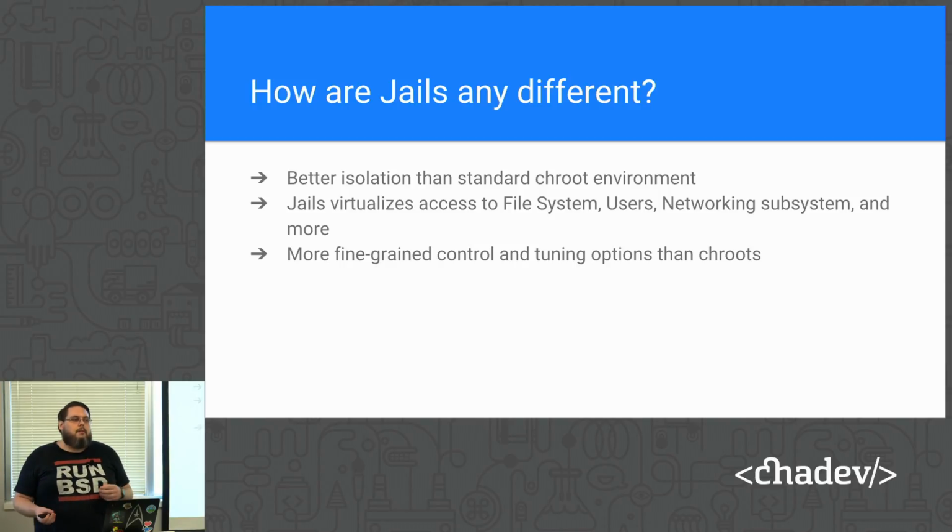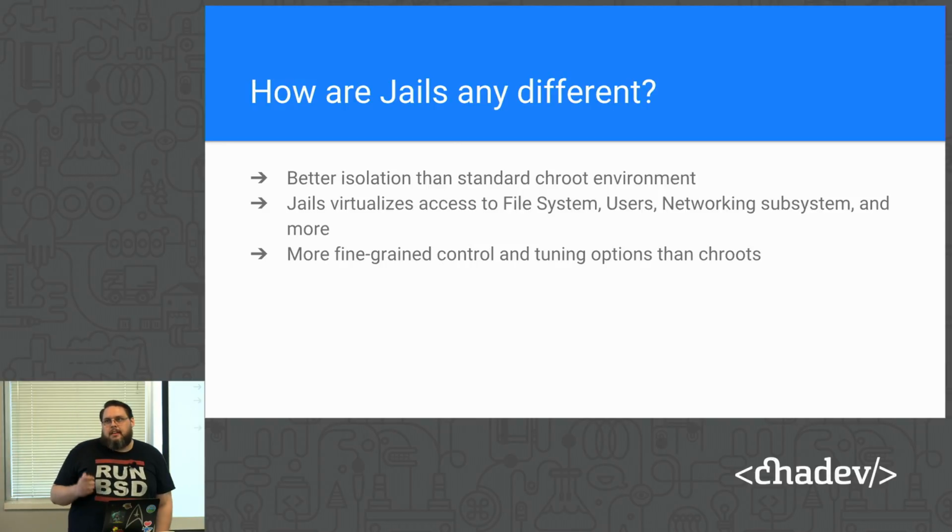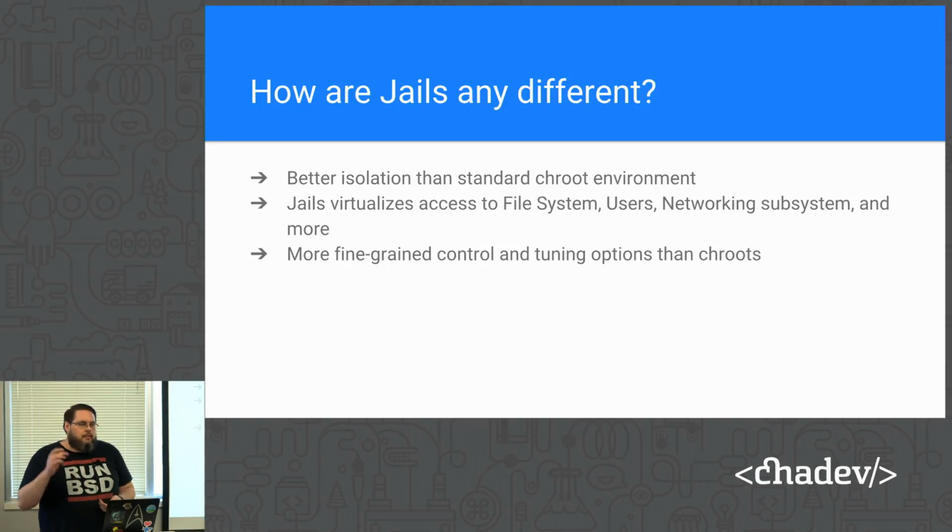You can say this jail over here has access to this device and this device only, versus a bunch of others. And so when you are looking in there and you do an ls of /dev, you'd only see specific devices that you allow. They also don't allow for changing of things like the IP routing table and a bunch of other things.